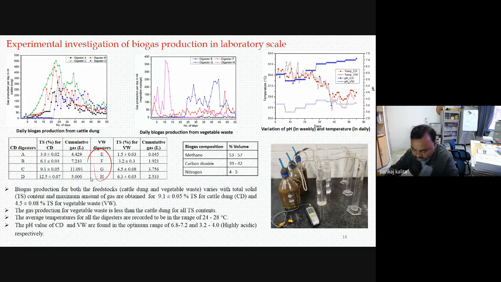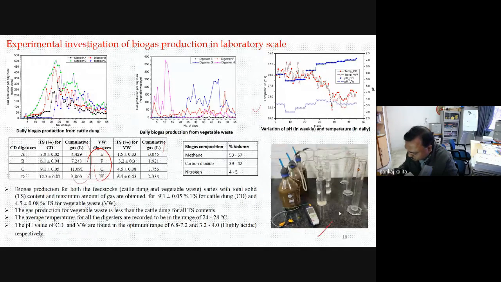Okay, and we have done some total solid content and cumulative gas production. So you can see this cumulative gas production is lower in case of vegetable waste compared to cow dung digesters. Okay, so we can also see the pH variation and temperature variation.